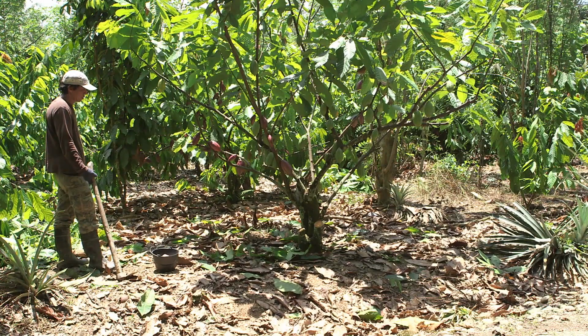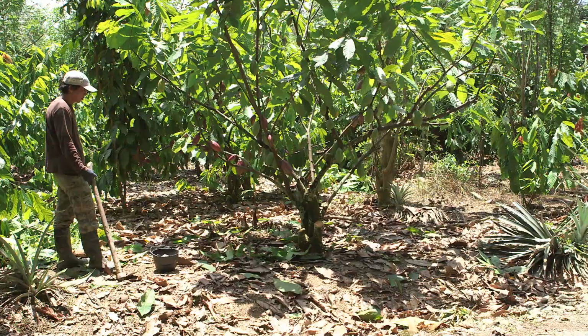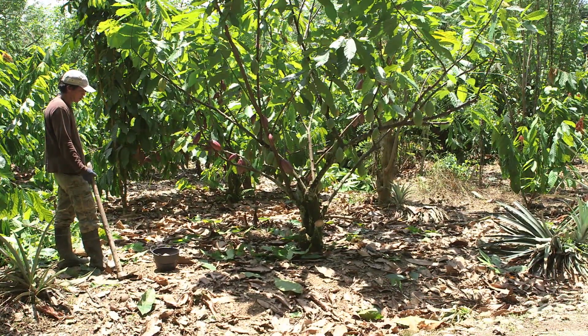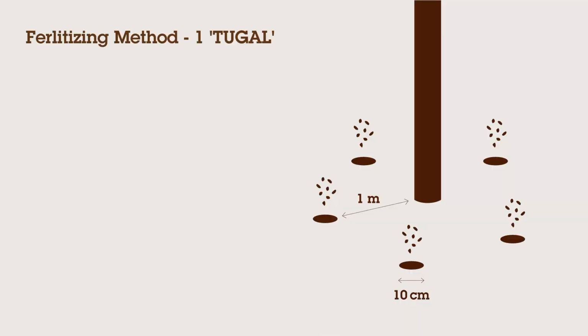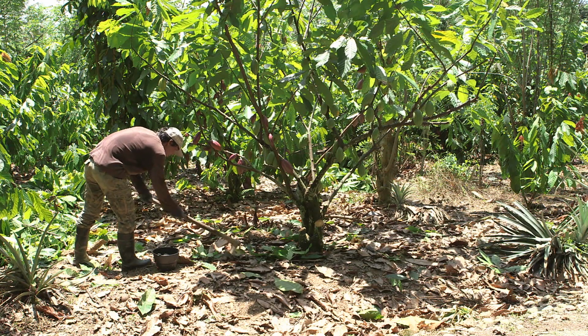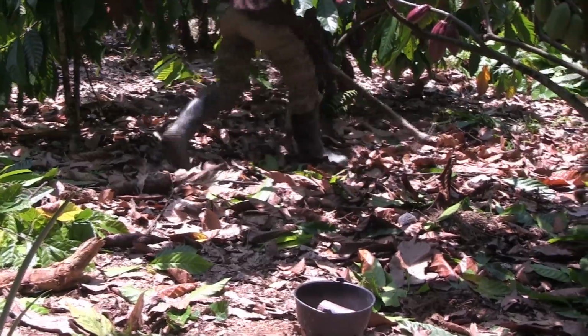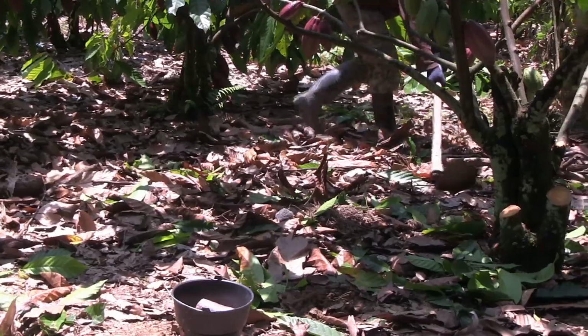You should fertilize trees after pruning to help the tree repair itself and stimulate flower growth. There are 2 ways to fertilize. In the first, measure a circle 1 meter around the tree. Dig 5 holes 10 centimeters in diameter.